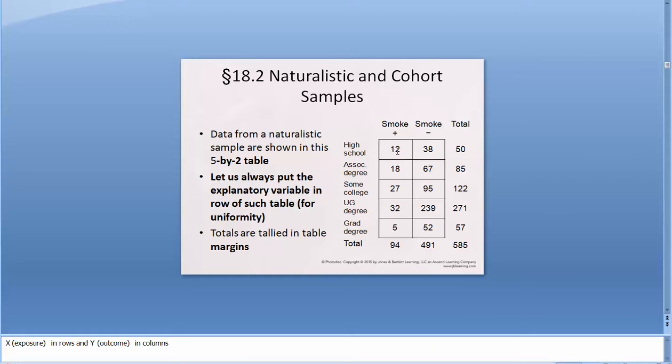So 12 divided by 50 would be the prevalence if you have a high school education. 5 divided by 57 is the prevalence for smoking if you have a graduate degree. So it looks as if when you have a graduate degree, you may not be inclined to smoke as much as perhaps if you just have an undergraduate degree, right? Okay, so that's about row percents.